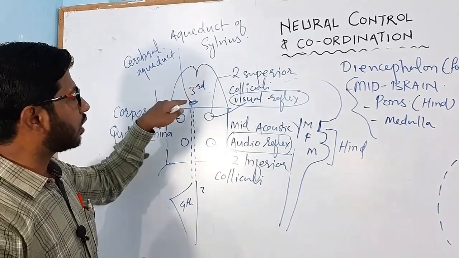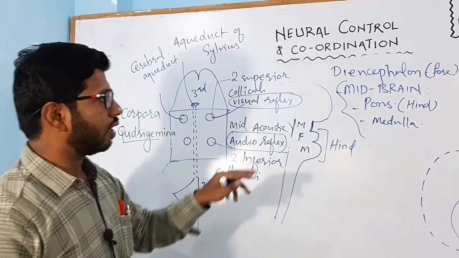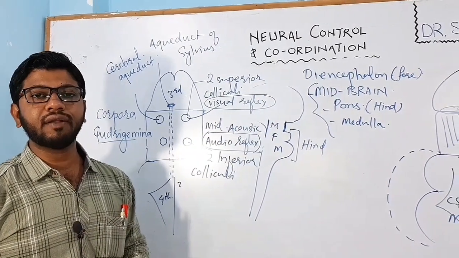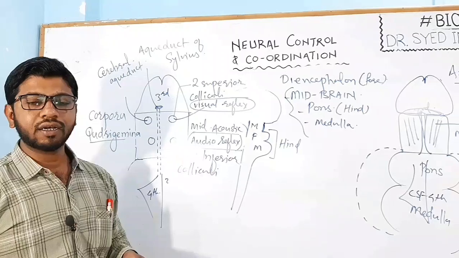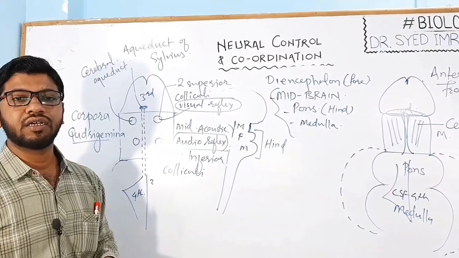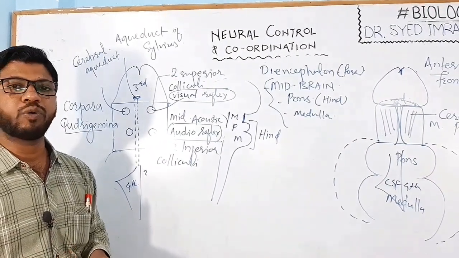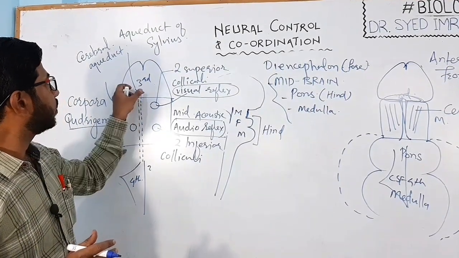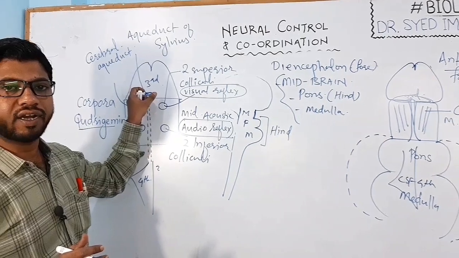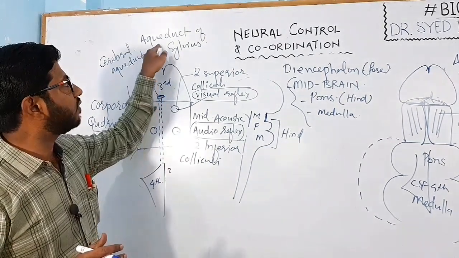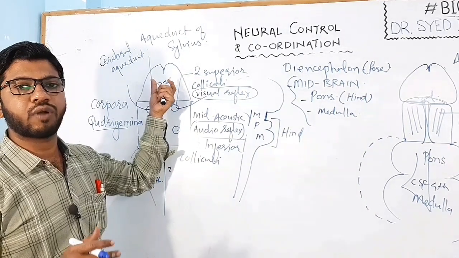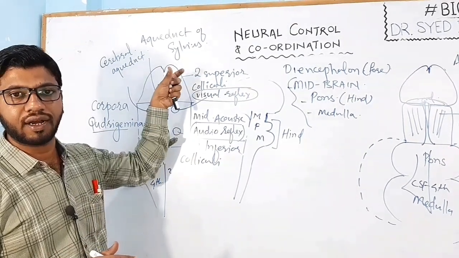When we are moving through the anterior part like this, anteriorly the midbrain contains the cerebral peduncles, which are tangential bands of nerve fiber, and posteriorly the midbrain contains a tube called the cerebral aqueduct or the aqueduct of Sylvius, which carries the cerebrospinal fluid from the fourth ventricle to the third ventricle.